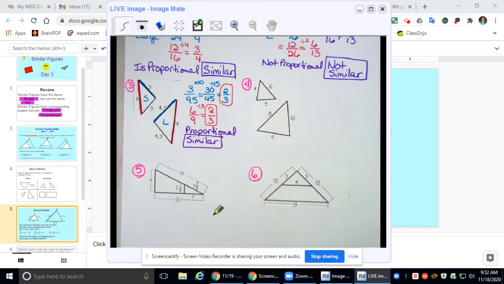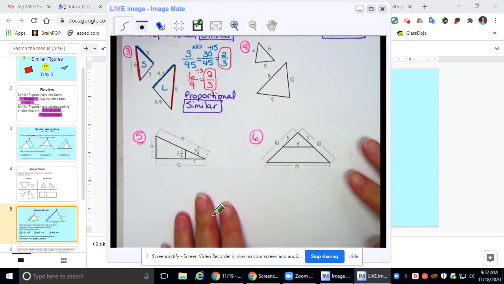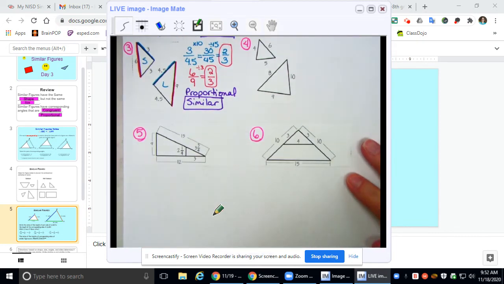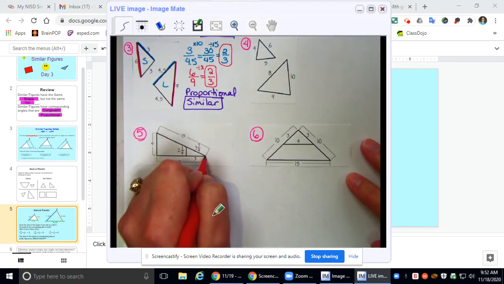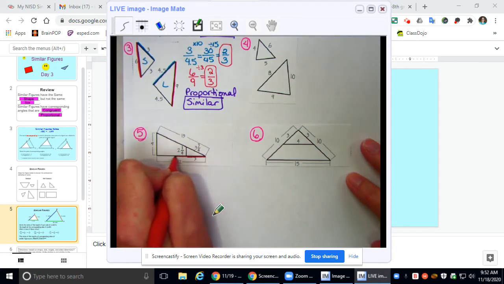Nice, guys. All right, so I am going to skip number 4, and I want to take a look at the fraction problem down here at number 5. They're kind of embedded inside of each other, but that doesn't mean anything. We just need to make sure that we set up our ratios. So let's take a look at this side.